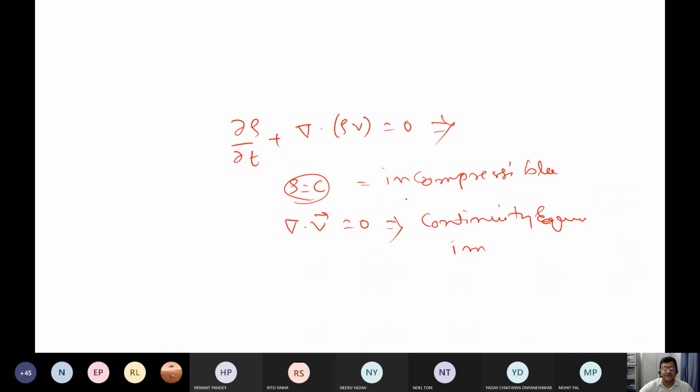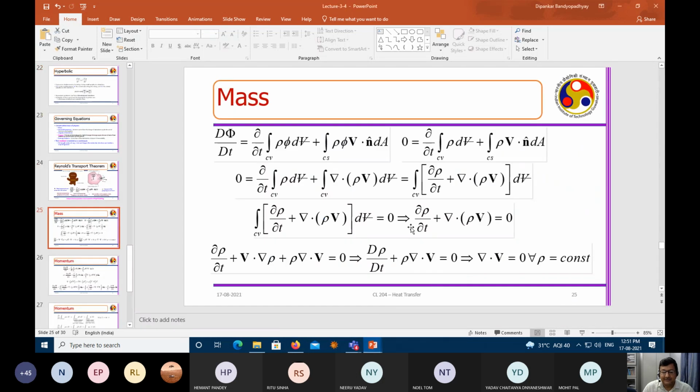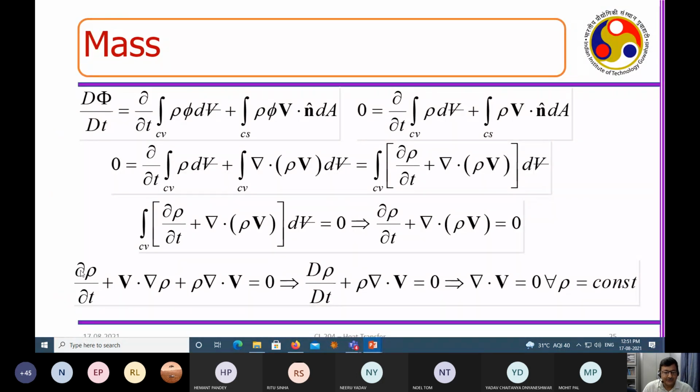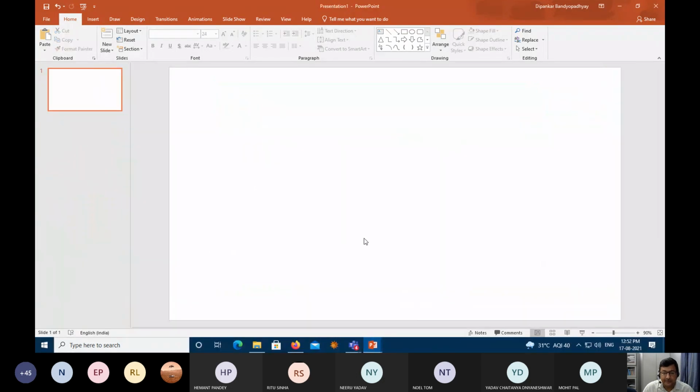And at the end of the day, you are already deriving this equation in your fluid mechanics classes. So you can see that del dot rho V, I have also forgotten, you can also expand here. If you have del rho by del t plus del dot rho V equal to 0, this you can write as plus rho del dot V plus V dot del rho, equal to 0.